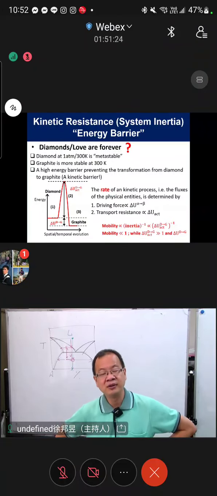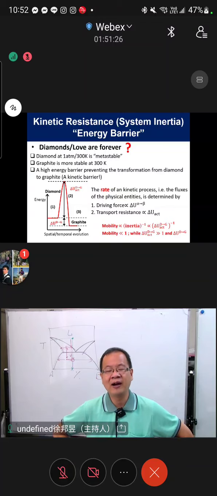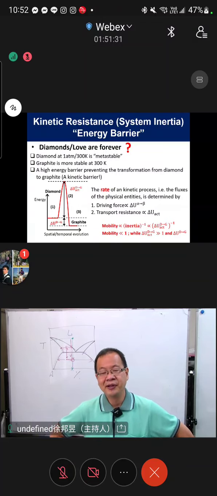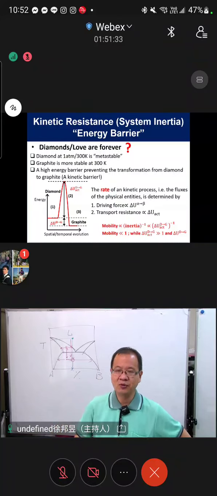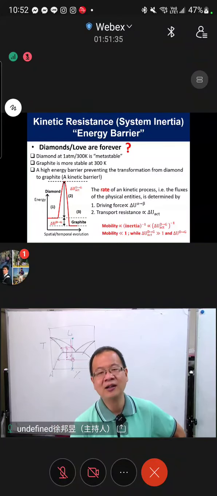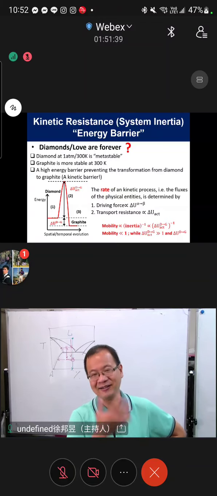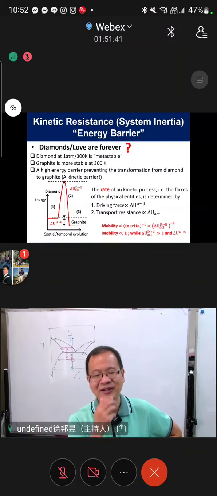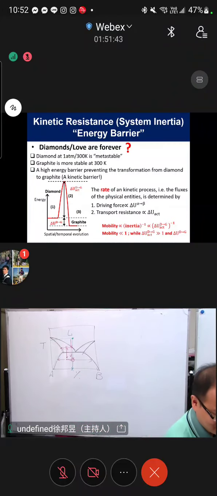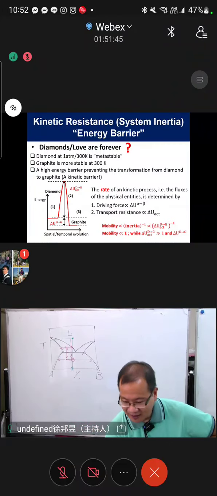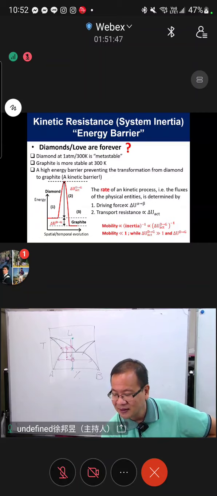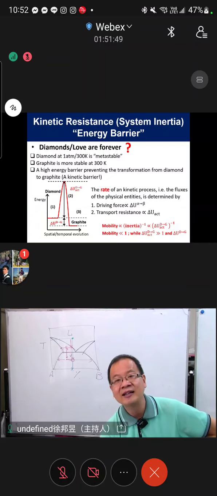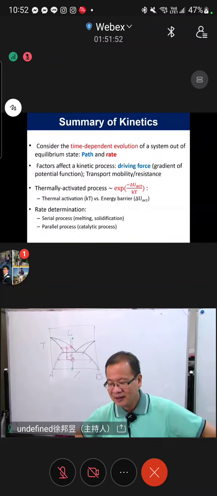If you give a very extreme condition for diamond, with high temperature, high energy, diamond will turn into graphite. All right. So you may divorce. Okay, the love is not forever, but it may last 1 million years. So you are safe in your lifetime. Okay, that's a classic example to explain kinetic barriers.